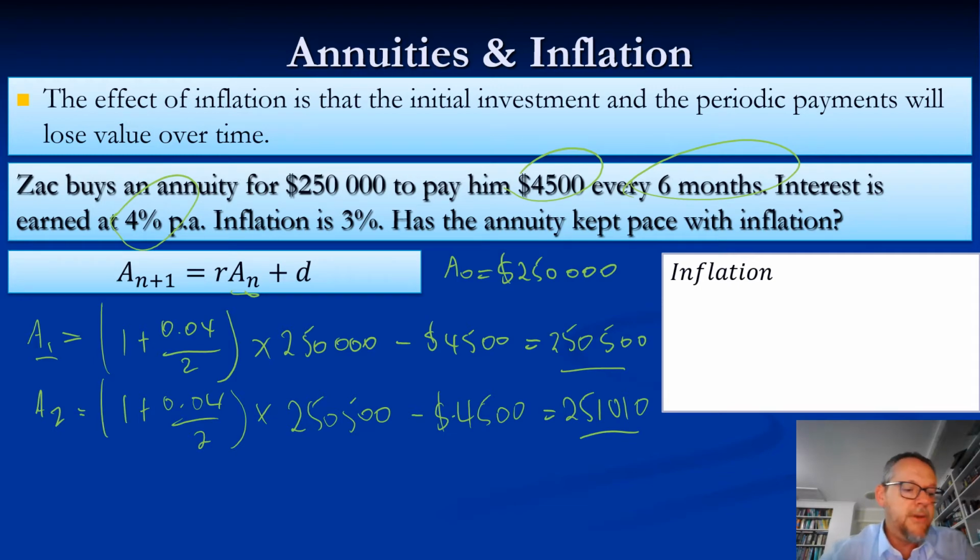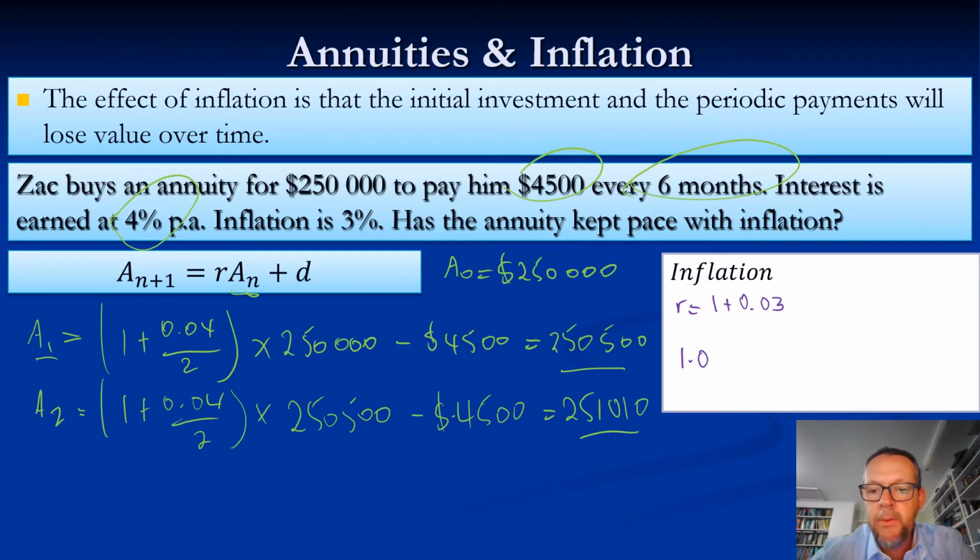Now let's consider the cost of inflation. So we said that inflation was 3%. So what we will do is just go, well, our growth rate then has got to be 1 plus that 3%. So 1 plus 0.03. And let's then calculate how much that inflated value, the future value of the principal, would be.